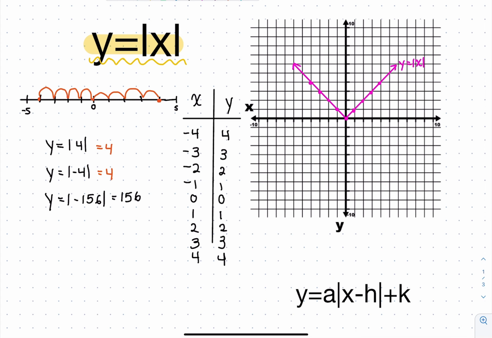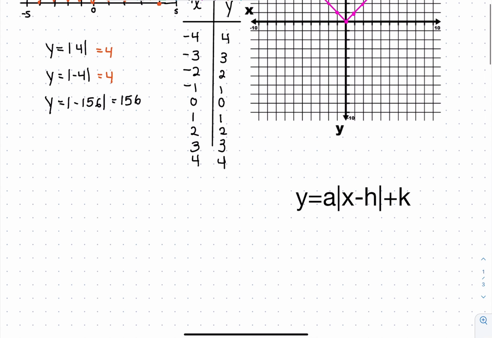Like all our other graphs, we of course have transformations that can be applied. If we look over here, we have our A. A is that stretch or compression, and it's our vertical one.